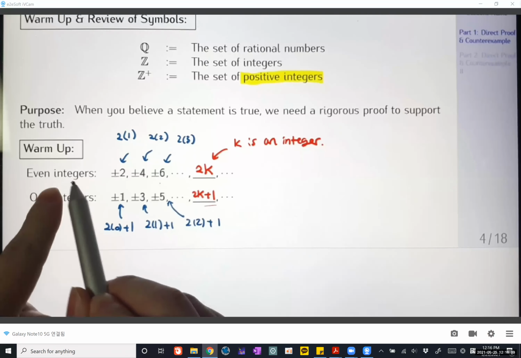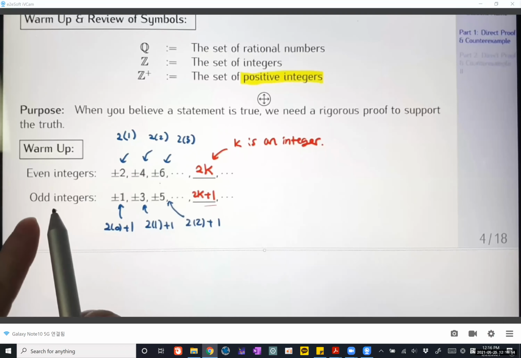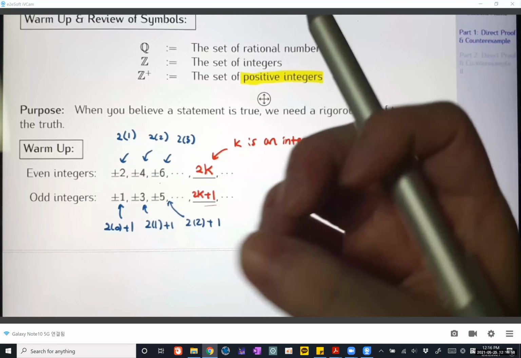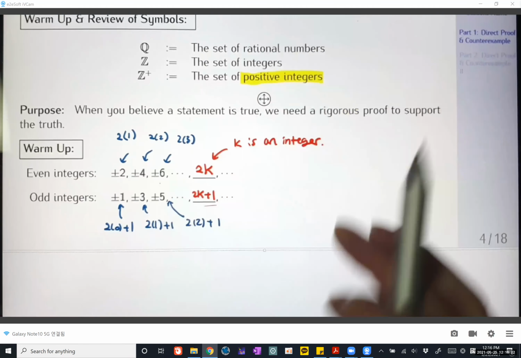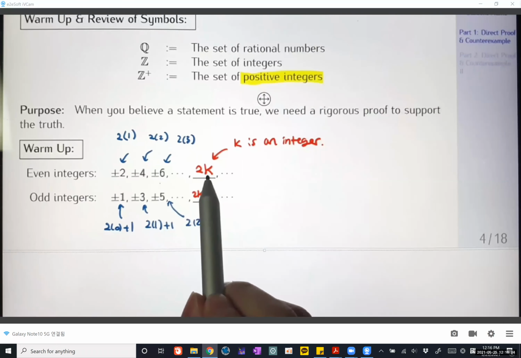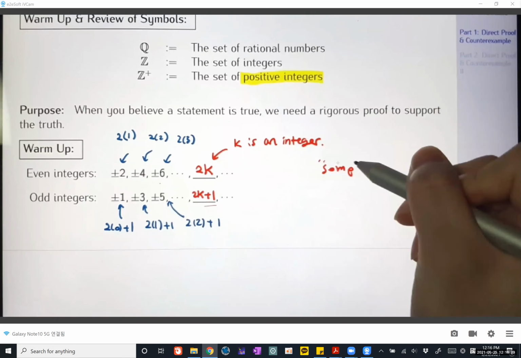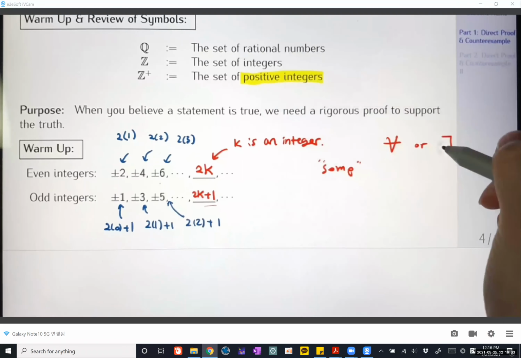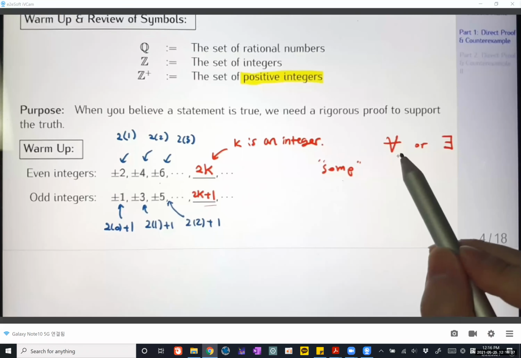Now, this informal statement here, even integers represented as 2k, odd integers represented as 2k plus 1, we can change these statements into formal quantified statements. Like, you see, we say some integer k. Whenever you hear the word some, it's either a universal or an existential statement. But which one is correct?